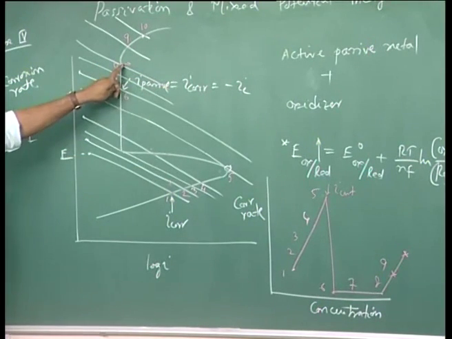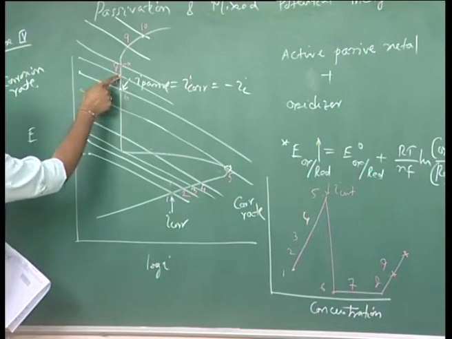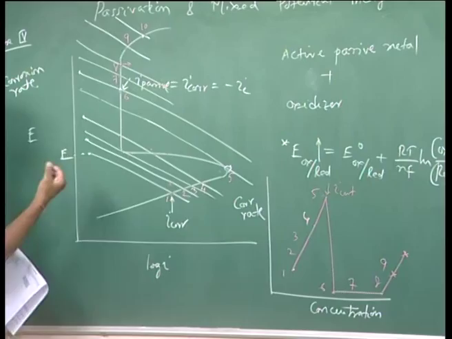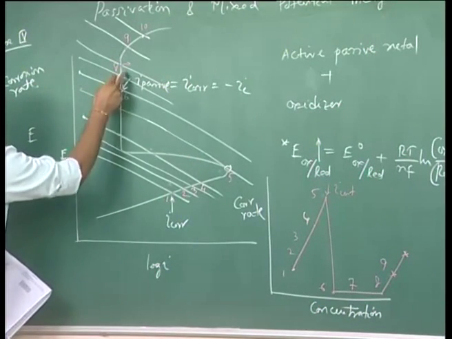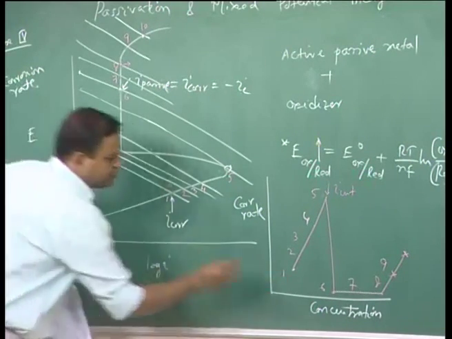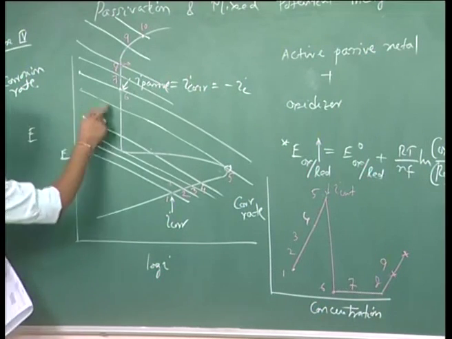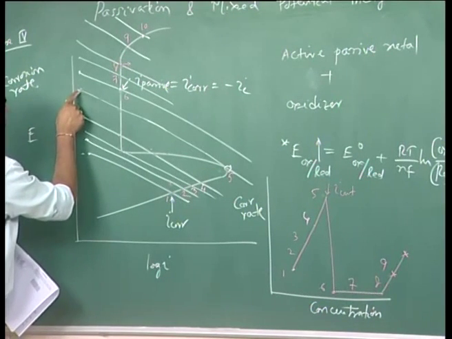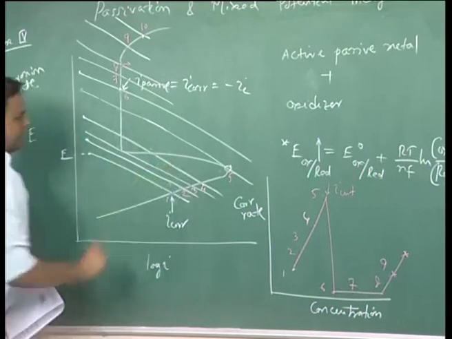If I get back to 8th, I will come to this. If I get back to 7, by decreasing the concentration of oxidizer, I will get back to this. Like this, I will go back up to 6th. Now, let us say I have come back to the concentration corresponding to this line.